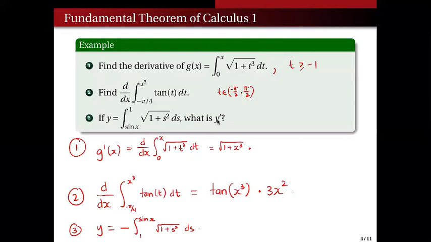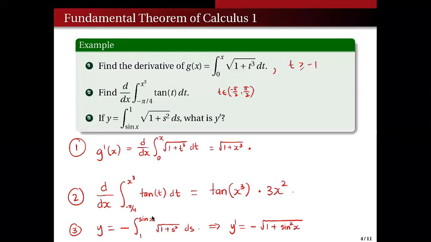We want y prime, so we do a similar thing as before. We have y prime equals, and don't forget the negative. Then you copy the function and replace the dummy variable by the one in the upper limit of integration, so you have square root of 1 plus sine squared x.